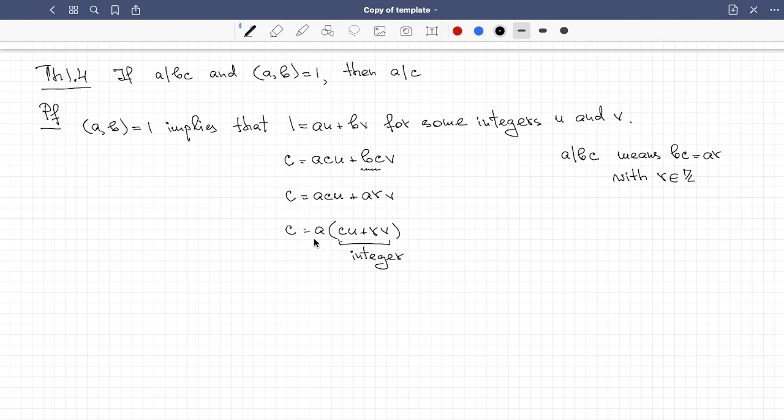C equals A times an integer, by the definition of divisibility, means A divides C, as required.